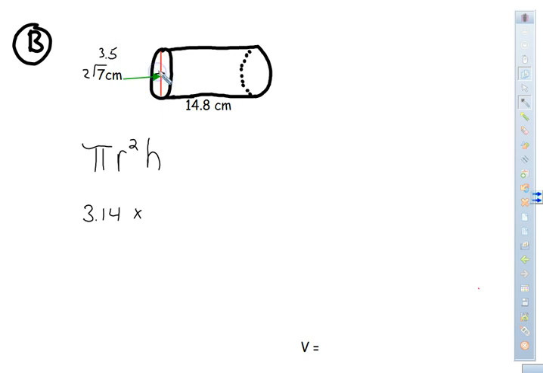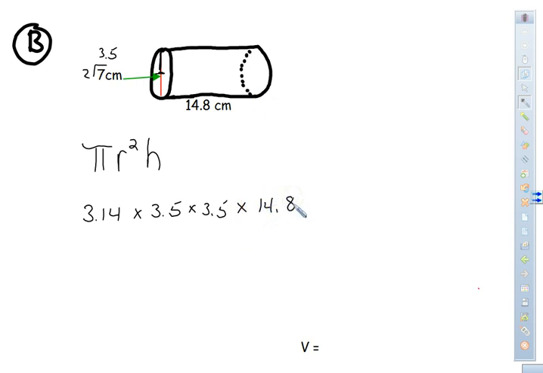That is the radius from this point to this point, outside edge. So 3.5, and you can put squared, or you can do another 3.5. Sometimes that's a little easier for some. And then times the height, which is how tall this cylinder would be, which is 14 and 8 tenths.